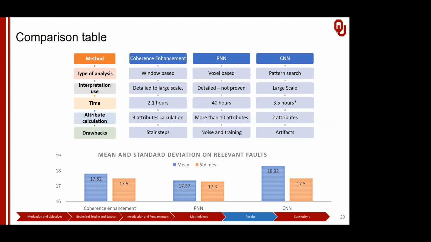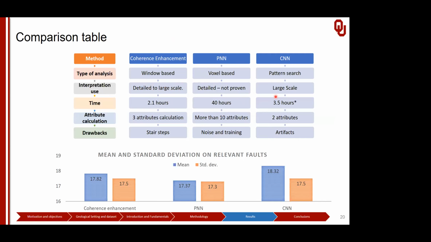And this is the comparison table where I am trying to summarize all the results. In terms of interpretation use, the coherence method enhances faults at a reasonable scale, from detail to large scale, since the analysis window can be very small, so it can enhance plenty of details based on coherence.